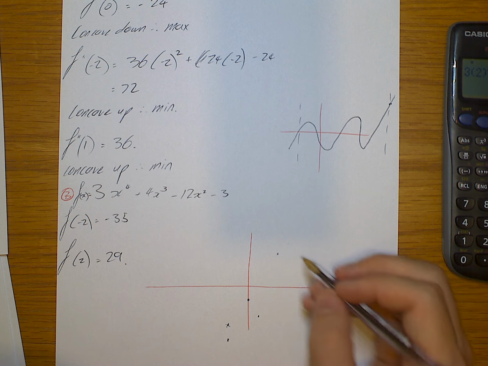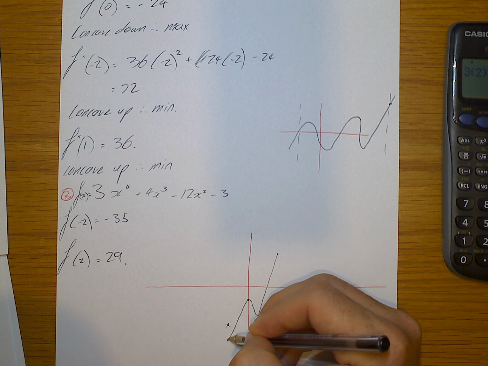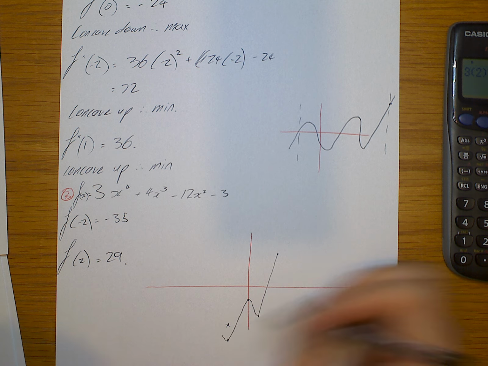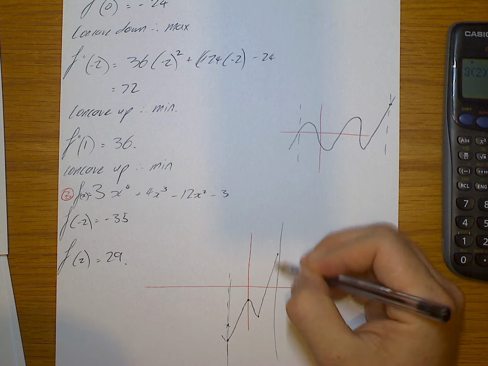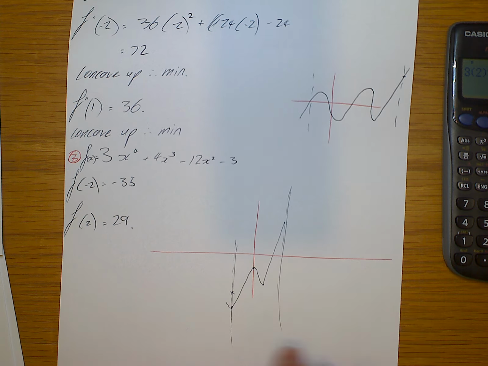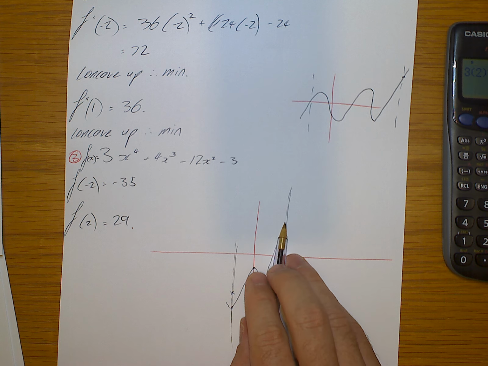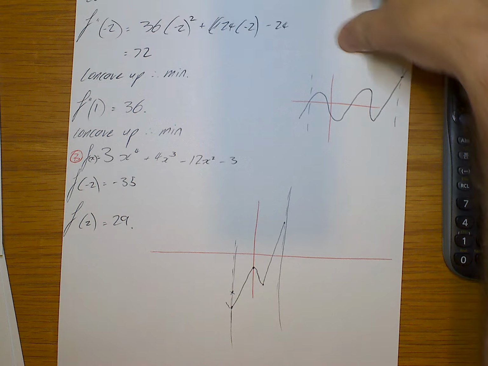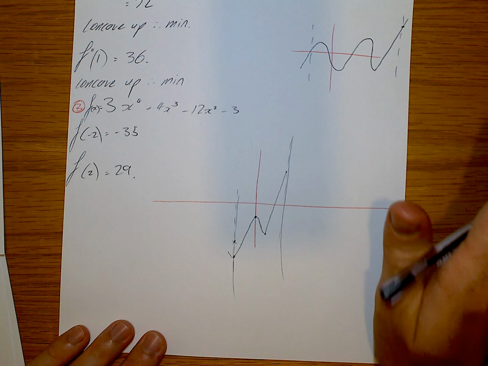So it's going to look something like this. Okay, but it actually ends on that one. So here we've got a minimum value, another minimum value, a maximum, and a maximum in terms of where the function is progressing. So here we go, we've got all these points, we've figured out their nature.